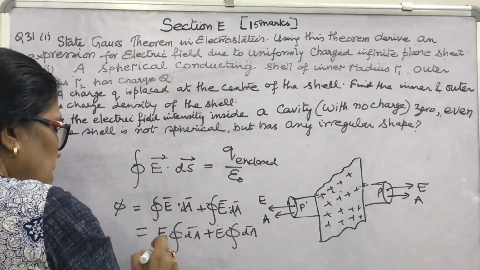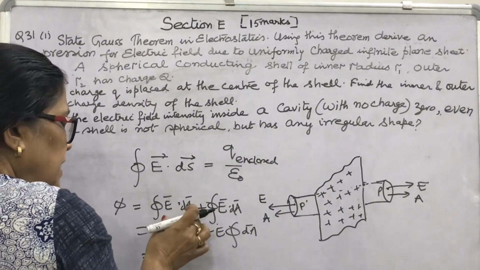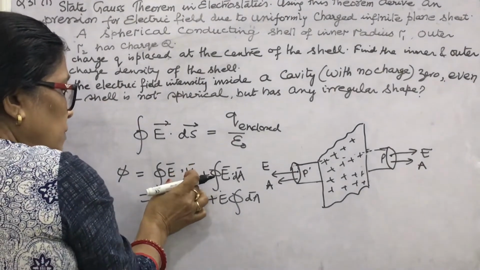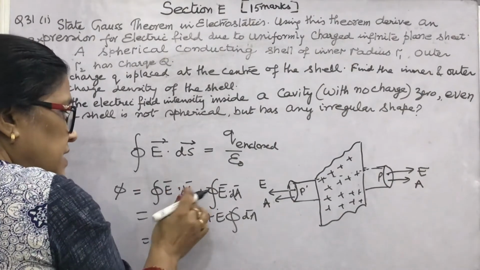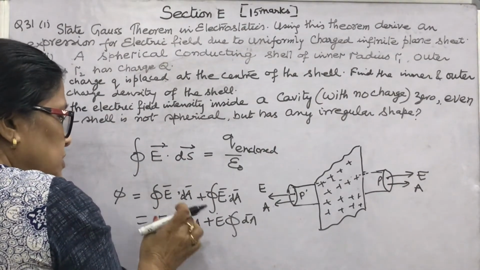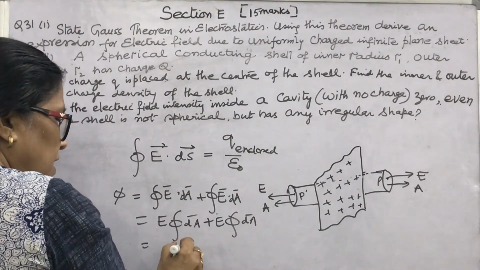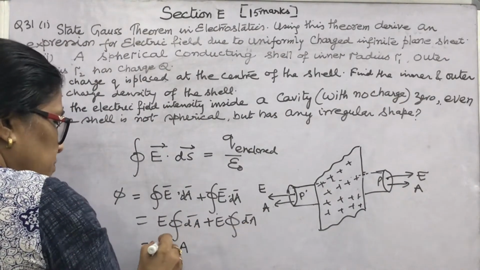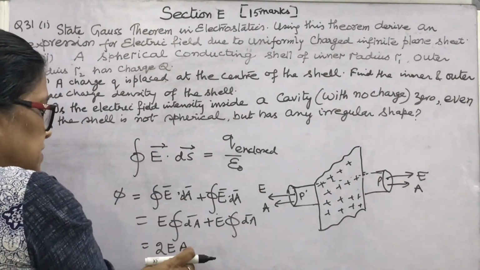The whole area, so you can write EA. E and dA are both parallel, so E dA cos theta, and cos 0 will be 1. So only EA will be left from each face, and the total will be twice EA.